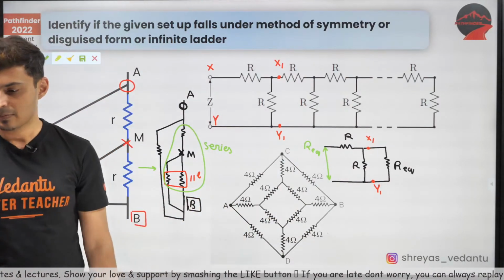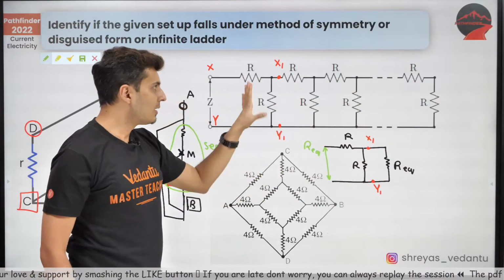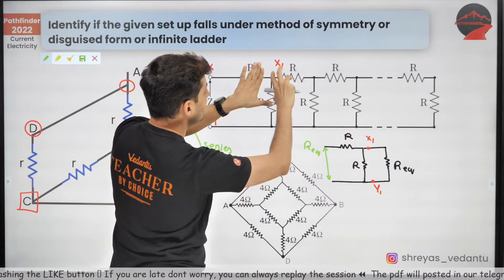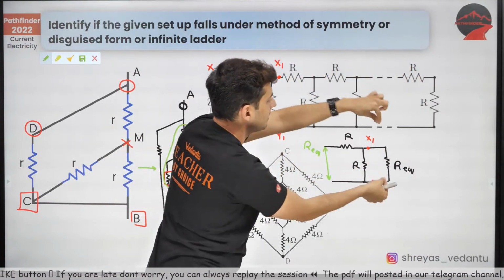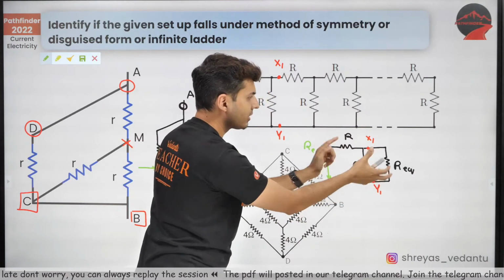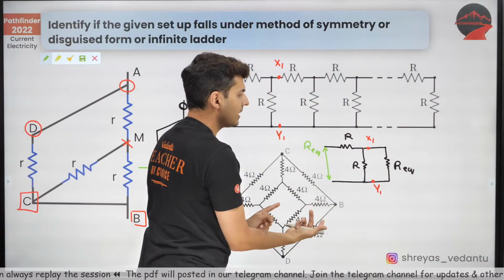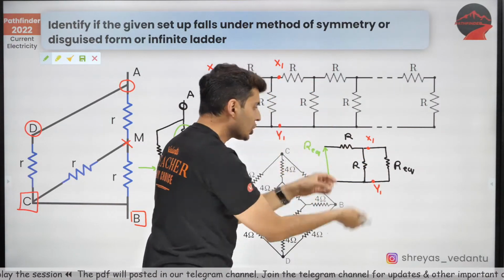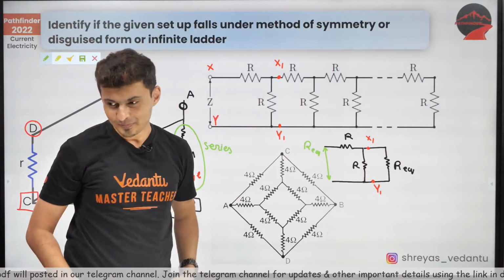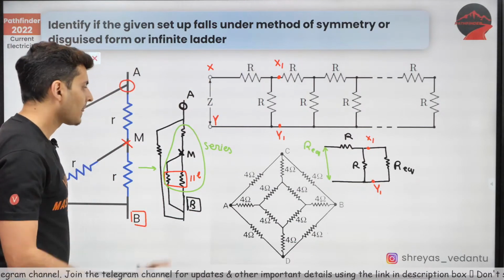I hope this is clear. This is how you solve when multiple resistors are in infinite form. Find the repeating pattern, ignore the first pattern, and you will see the remaining pattern has the same resistance. Just write it in a smaller or modified shorthand form, and now solve it like a normal series parallel circuit. The equivalent of that should again give you R equivalent. That's it. Most likely it will be a quadratic equation. I hope you remember, most of the time this is a quadratic equation.